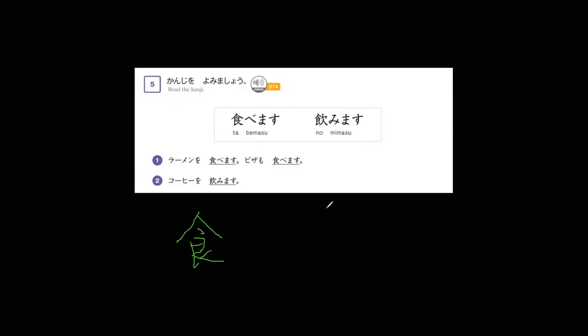Nomimasu means drink. You may notice that the left part of nomimasu is quite similar to tabemasu, right?